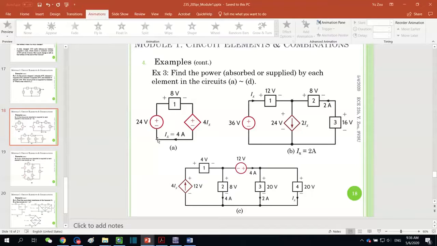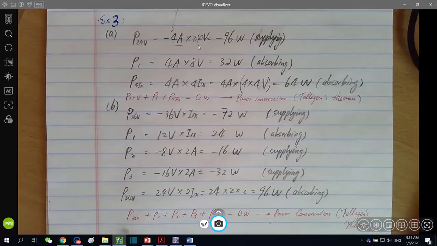So here we can either flip the voltage polarity or flip the current direction. If we flip the current direction, the resulting current becomes negative 4 amperes, entering the positive polarity of the source. That way we can use negative 4 times the voltage 24 volts, ending up with negative 96 watts. Negative power means supplying or delivering power.